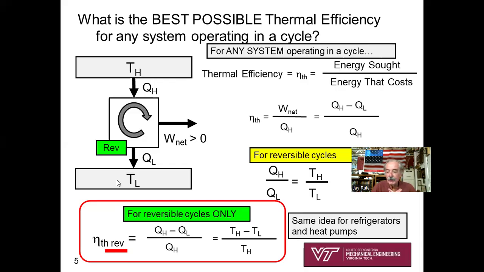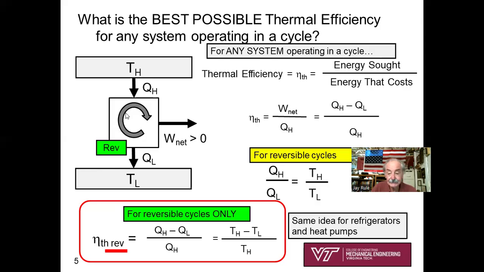Okay, this is a very powerful result. You can count on this being on quizzes and tests that are coming up because it's a powerful tool for practicing engineers as well as student engineers. Okay, a very important practical result. So I'll repeat it again.